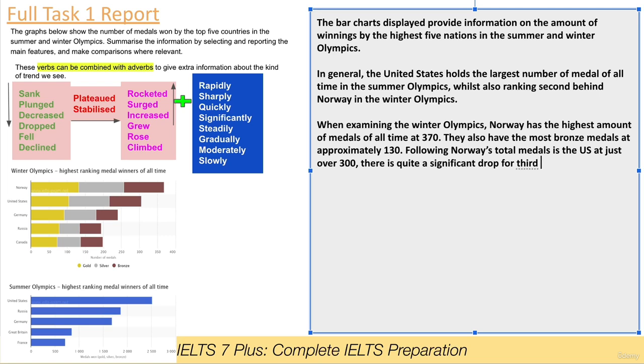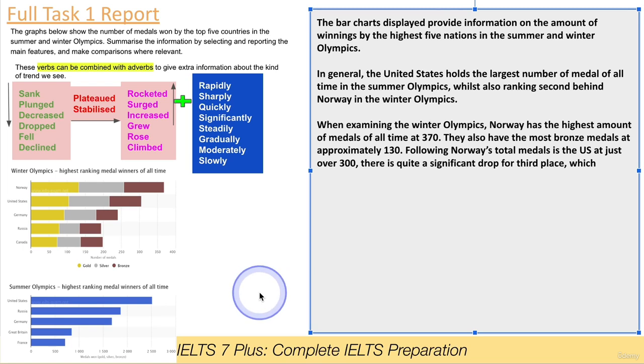For third place, which is taken by Germany, a nice way to report back is, instead of just stating the numbers, we can state the difference.